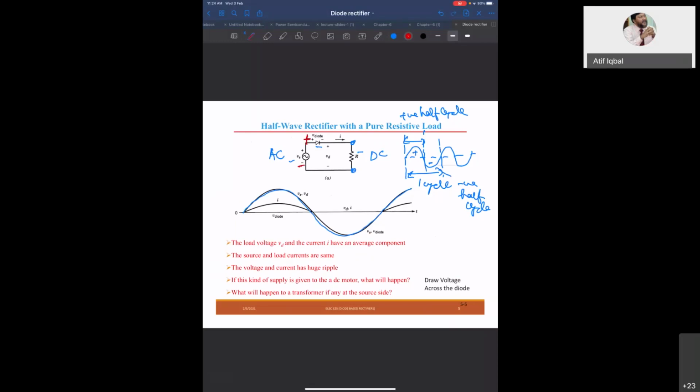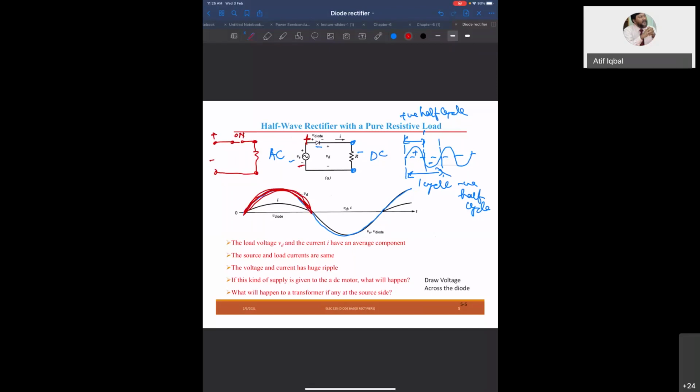As soon as this is positive, the diode turns on. When the diode is on, you get across the load whatever is your source voltage minus the drop in the diode. If we assume an ideal diode, there is no drop, so we get the same as the positive half cycle. Whatever is my source voltage, the same will be my load voltage.